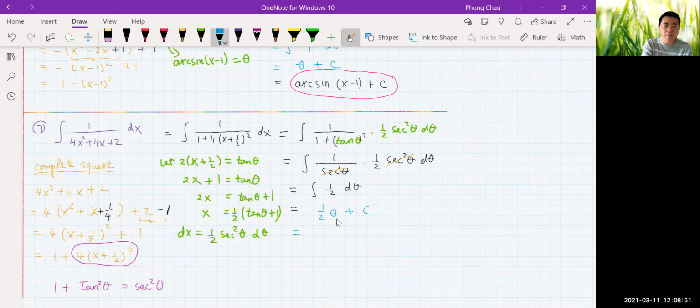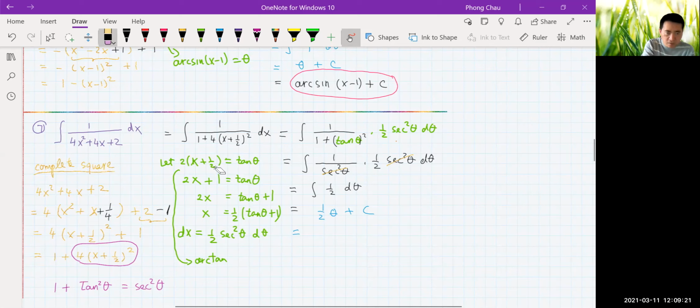And the final step is to write theta in terms of x. So if you solve for theta, you have the arctan of 2 times, let's multiply that out, x plus 1/2 in parentheses there.